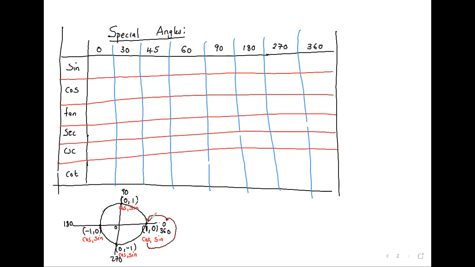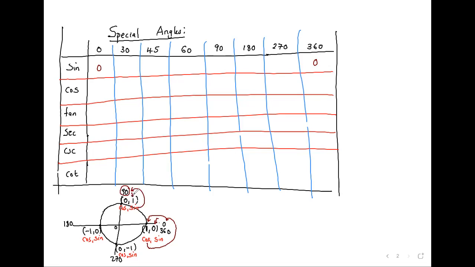So cos 360 again is equal to 1. Sine 0 is equal to this 0 here, so sine 0 is 0. And sine 360 is also 0. Then sine 90 is here.